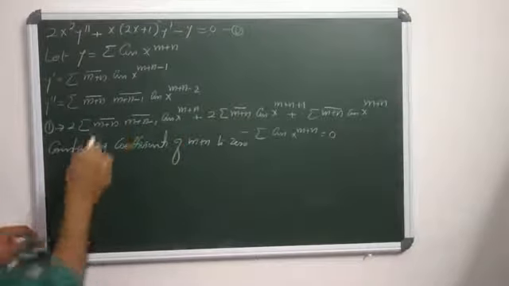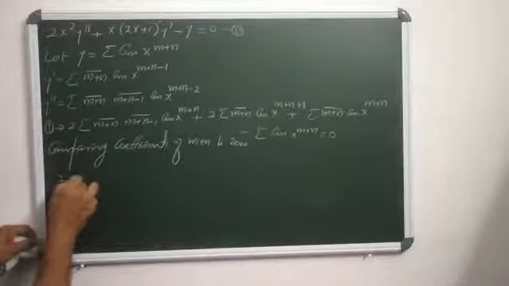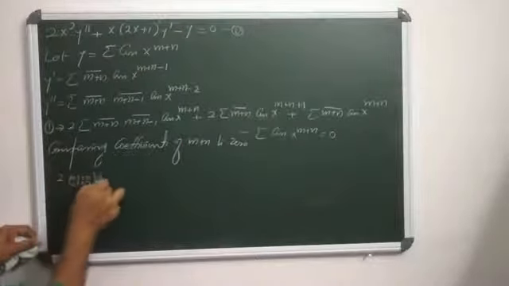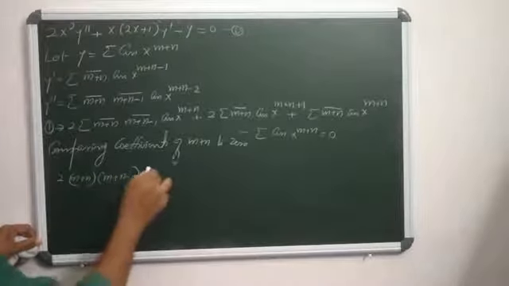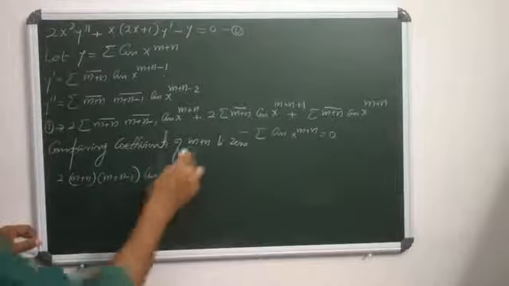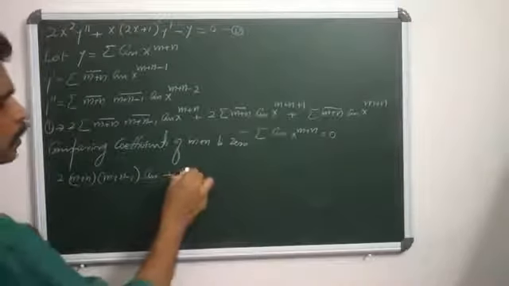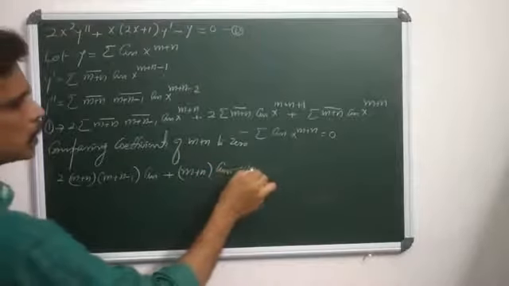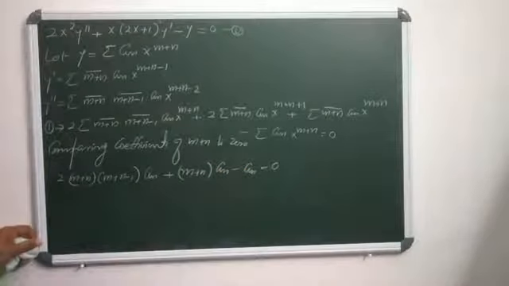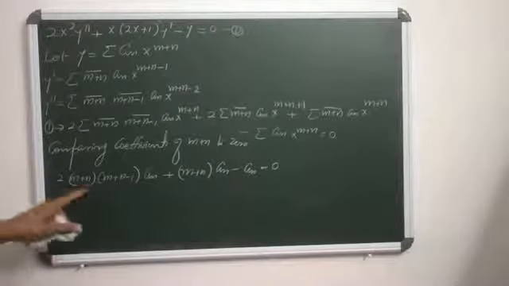Okay. So what I get? It is 2 into (m+n)(m+n-1) a_n plus (m+n) a_n minus a_n equals 0.